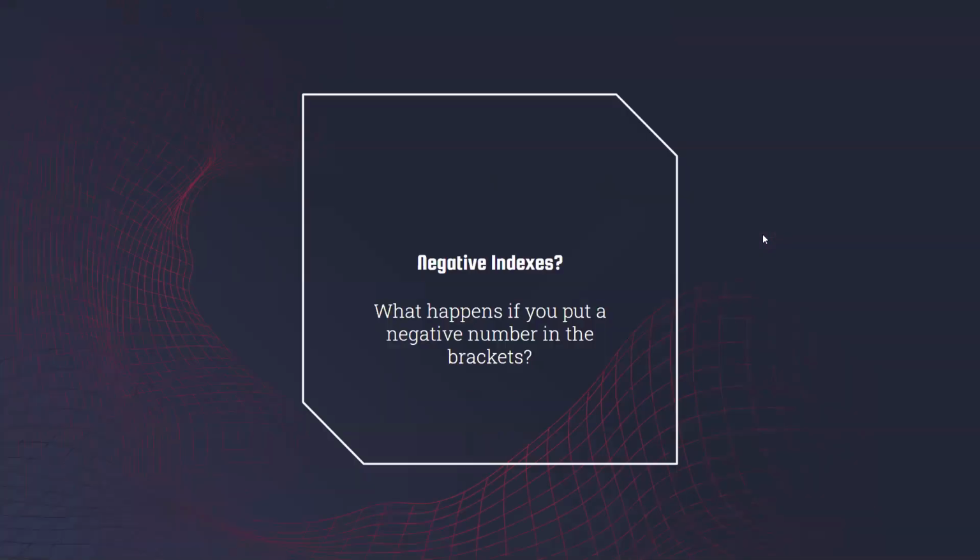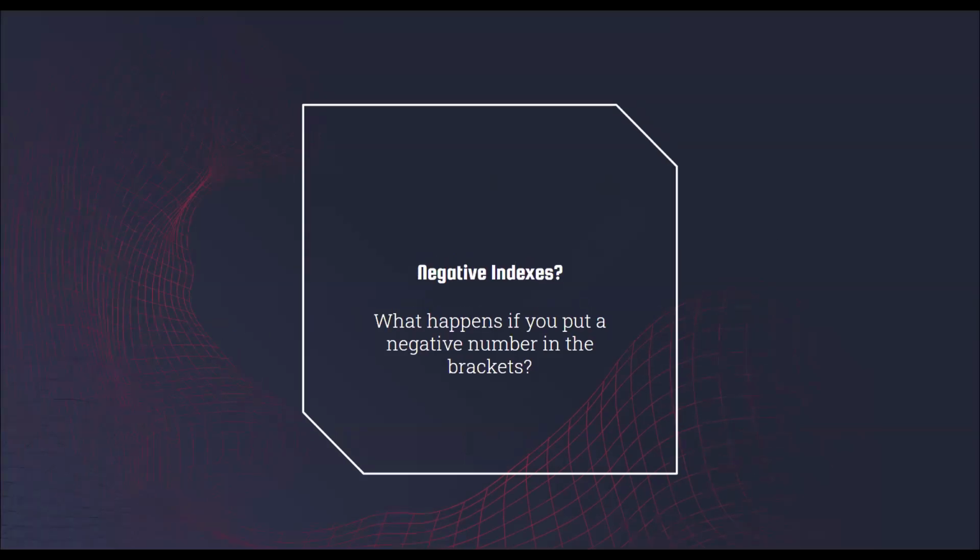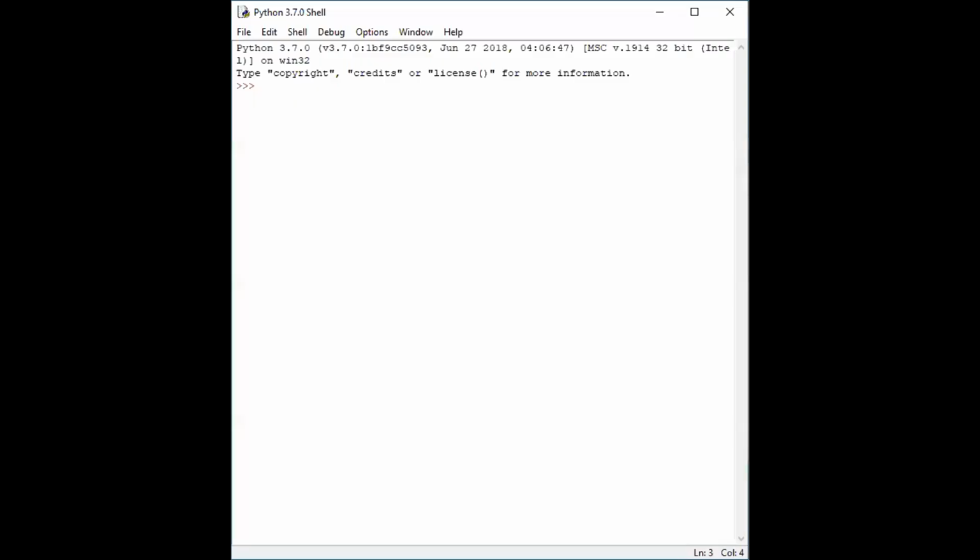Now everybody just make a random string and then just see what happens when you have negative indexes. So what happens if you put a negative number inside of those brackets, a negative index? So here I have my shell, right? Let's make a string.